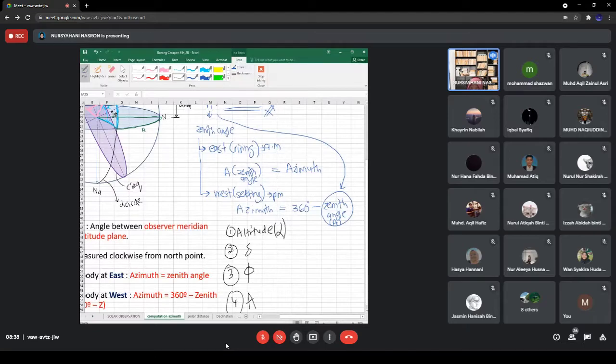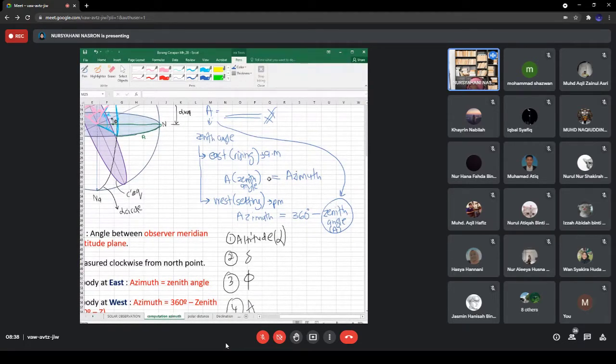Again, I repeat: if your observation is in the morning, after you calculate cos azimuth, cos A, the answer of A, you just put it at computation azimuth. But when you do it in the evening, please don't put this value, because your calculation is not finished yet.